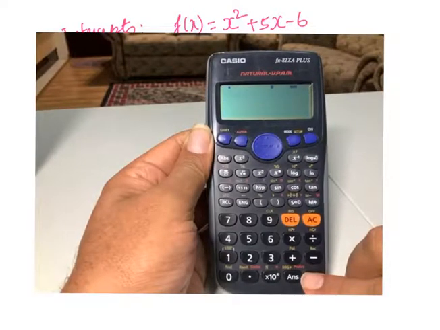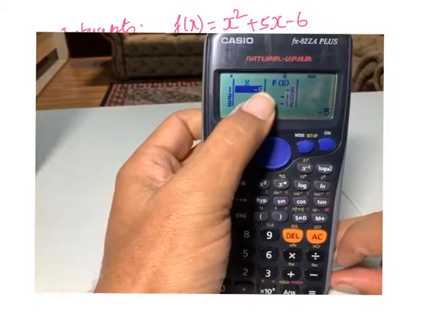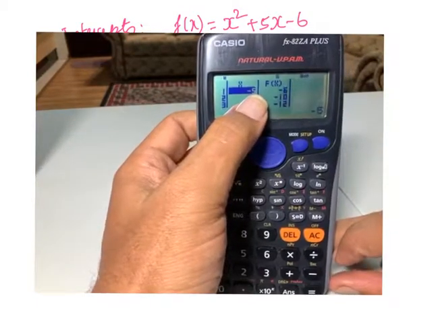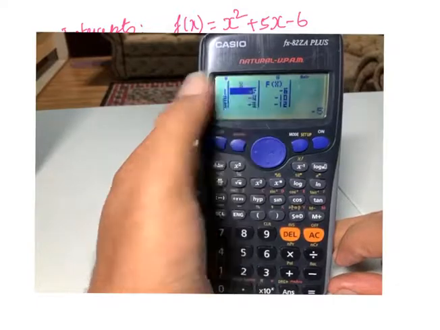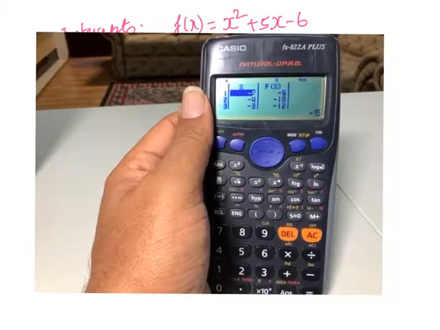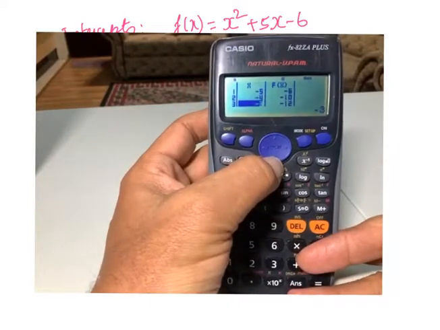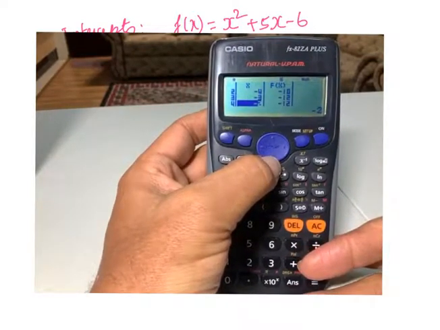the table. If you look at the table, at negative 5, if I substitute negative 5 in the quadratic equation x squared plus 5x minus 6, I get negative 6. When I put negative 4, I get negative 10. I put negative 3, I get negative 12. Negative 2 gives me again negative 12.